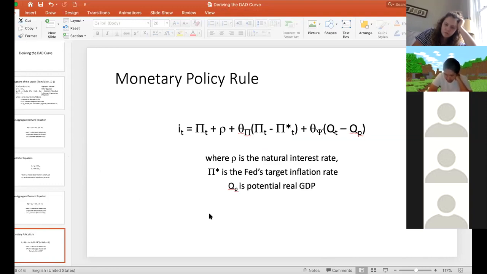And then we're going to decompose it much the way we've done the previous equations today. Once we get this done, we'll be in a position where we can actually build the dynamic aggregate demand curve. And that's a whole bunch of nasty algebra. But when we get done, it'll make sense to you. Anybody have questions before we call it a day?